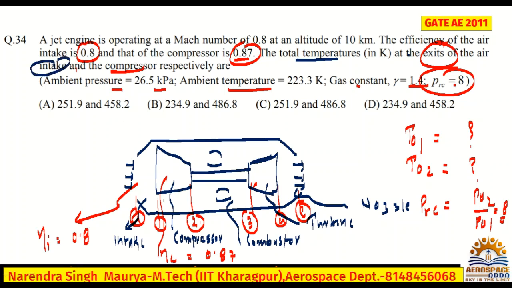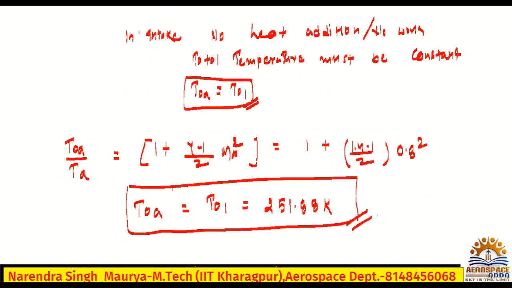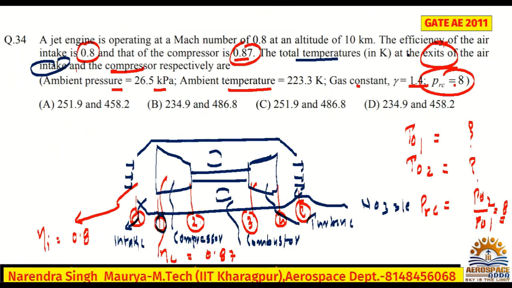Exit of intake is nothing but 1. So here the temperature is T01. What you have calculated? 251, I think. Check, 251.88. Check the option. 251.88 here and here, two options they have given. So again, we need to calculate another value so that we can match. 251.88 means 251.9. That is now clear.